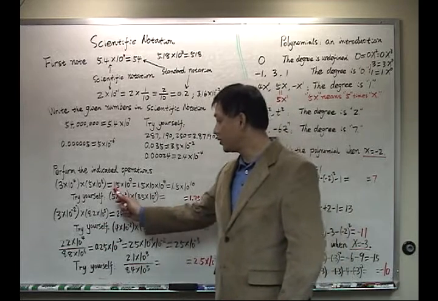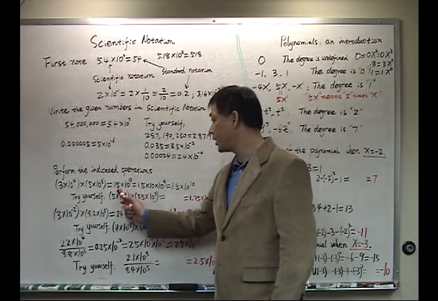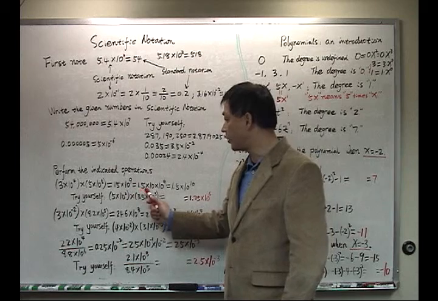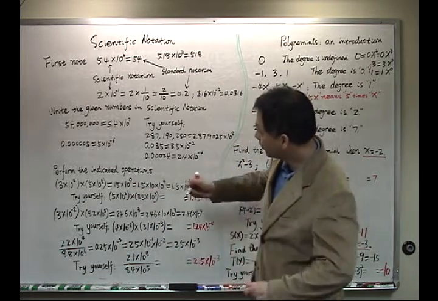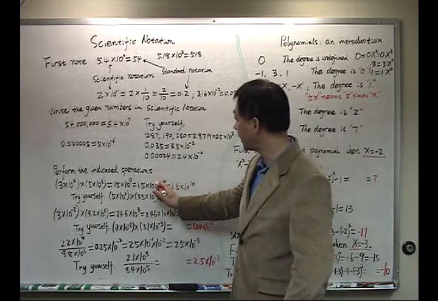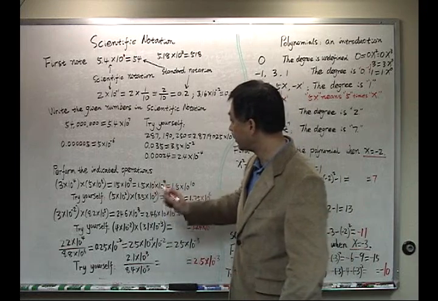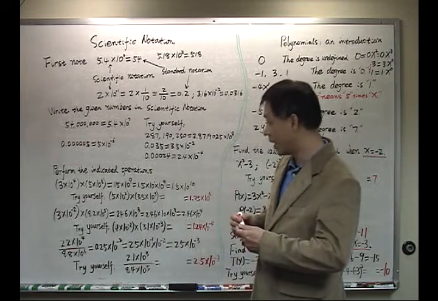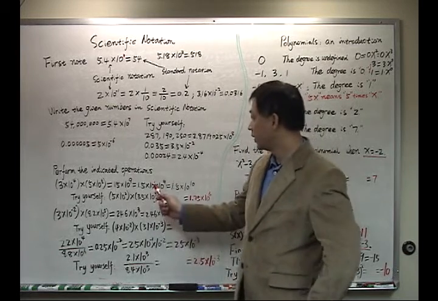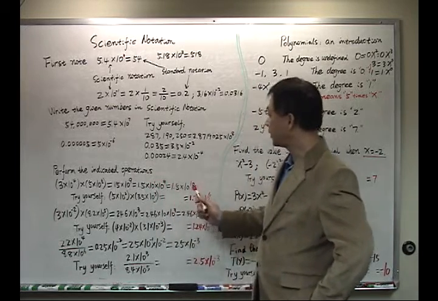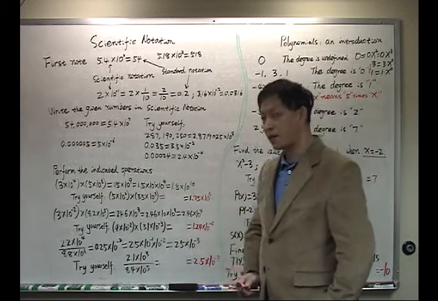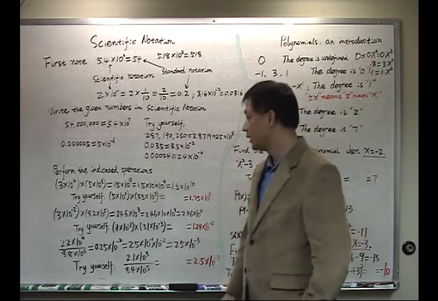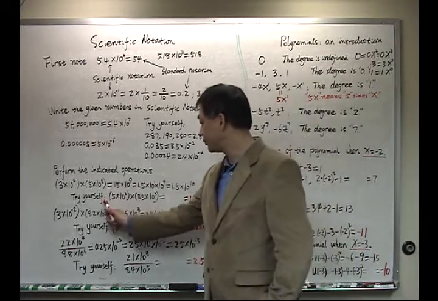And then here is 15. So 15 can be written as 1.5 times 10. And 1.5 times 10 has an exponent above it. Then you can see right here, 1 plus 9 is 10. And then 1.5 times 10 to the 10th. Try this one yourself.